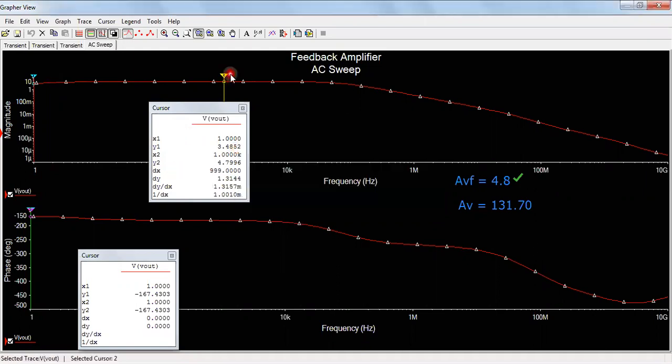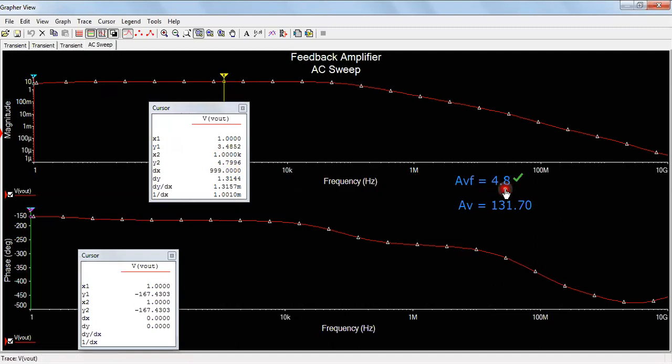Okay. So X2 is 1K and you can see Y2, that is my output magnitude, which is equal to the gain. I'm getting 4.79. So exactly the same as I got by running the transient analysis, I got by running the AC analysis also, 4.79, just rounded to 4.8.